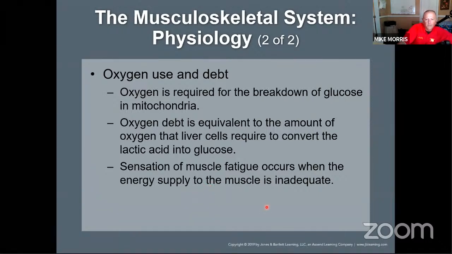It's muscle fatigue. And that soreness you feel is lactic acid. When your arms and legs are sore from working out, it's lactic acid. It developed because there wasn't enough oxygen at the time to satisfy the needs, and that is an oxygen debt.